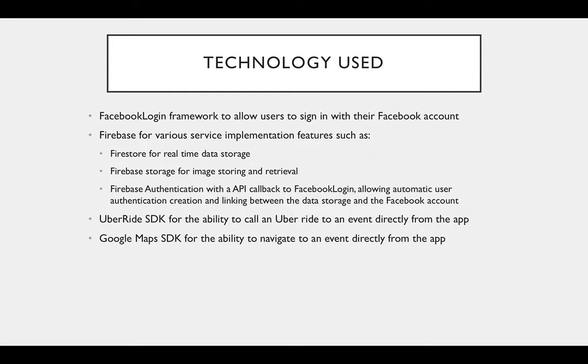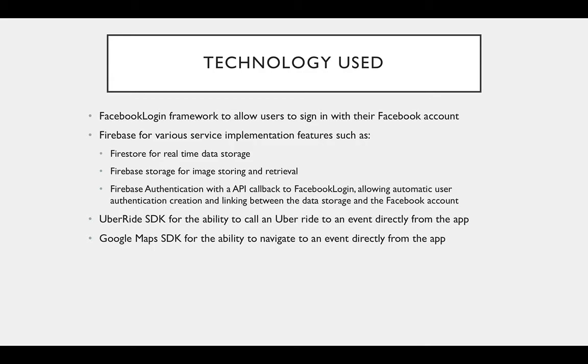Some of the features we used were Firestore for the real-time persistent data storage, Firebase storage for the image storage and retrieving, Firebase authentication with a callback to Facebook Login, allowing users to automatically create a profile for their account linked to their Facebook account. So now their Facebook information is linked to a Firestore user instance in the database.